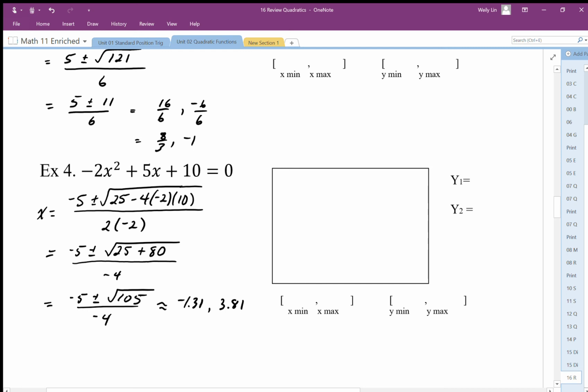So when I go to my graph now, I have an upside down parabola. The negative leading coefficient indicates that, and it's going to look something like this. It's going to go up and come back down. So when I go to my decimals and find my roots, I get negative 1.312, which is the decimal value that I calculated algebraically from the quadratic formula, and 3.812.